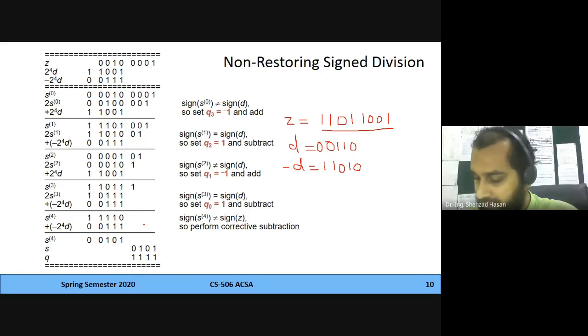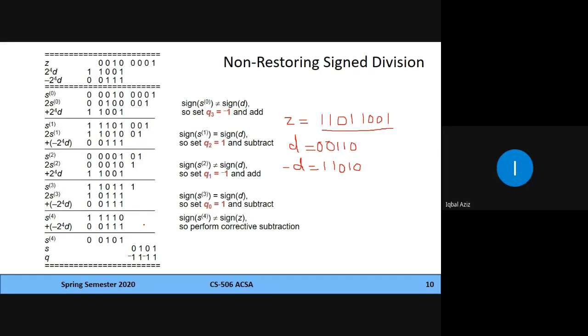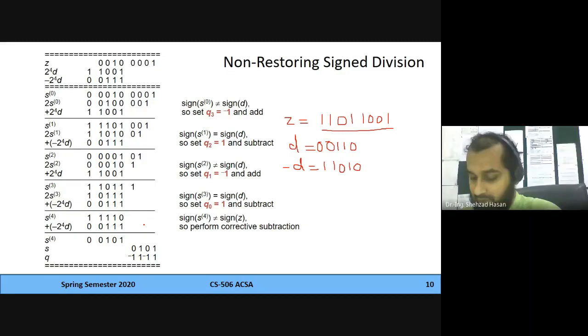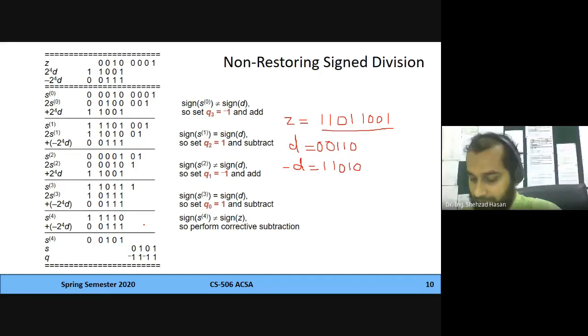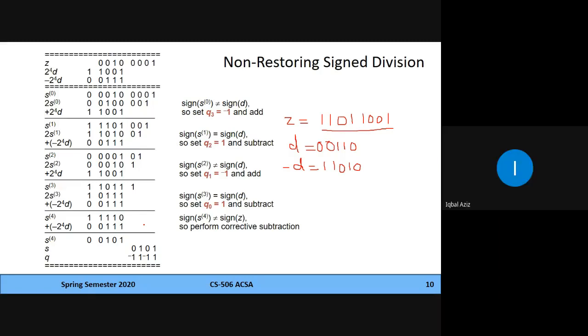You perhaps need to check. Sir, I'm getting 00011. Yes, sir, same here. We are getting 00011 in S4. 00011. Yes, sir, I'm getting 00011.